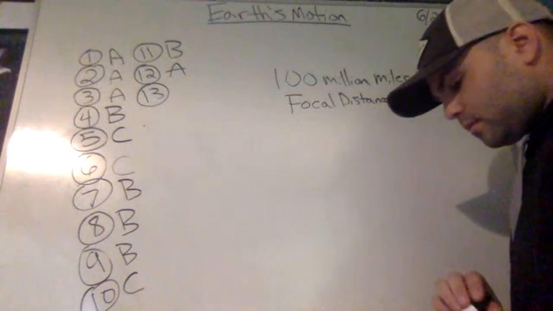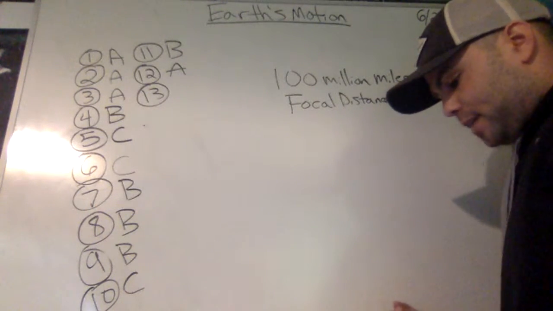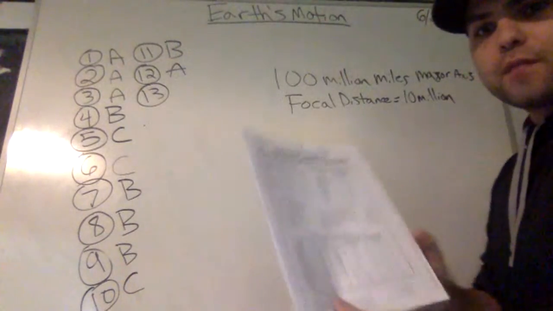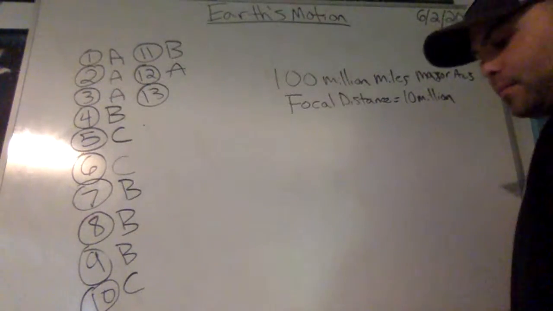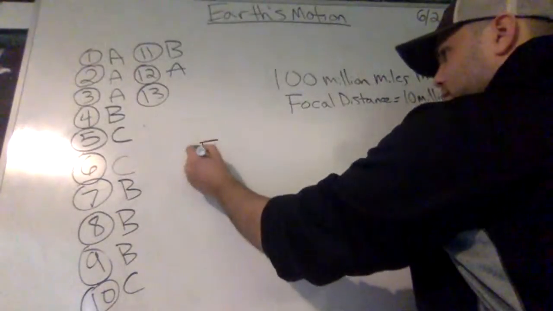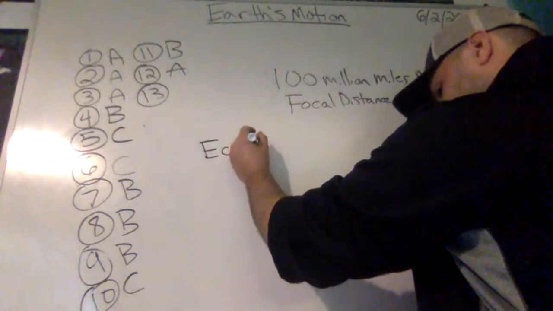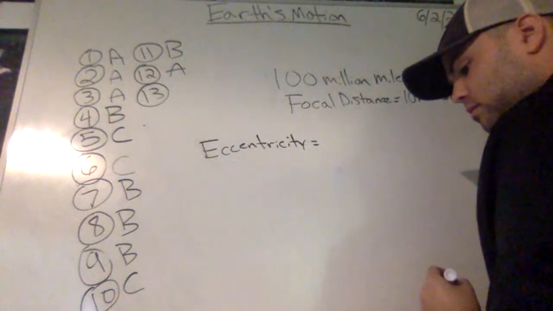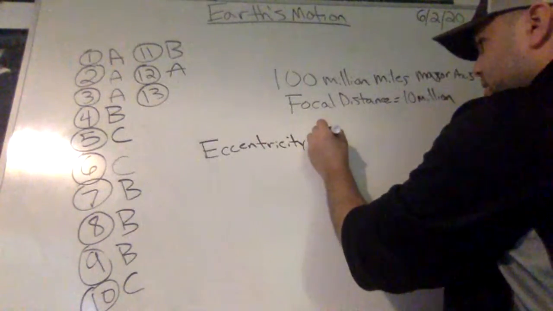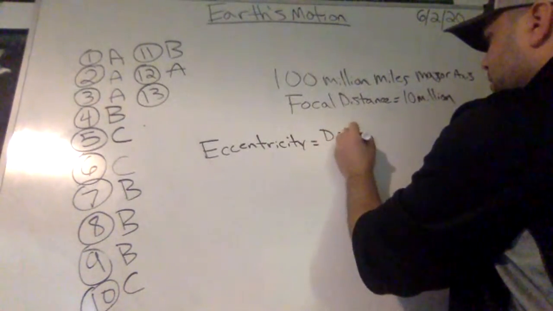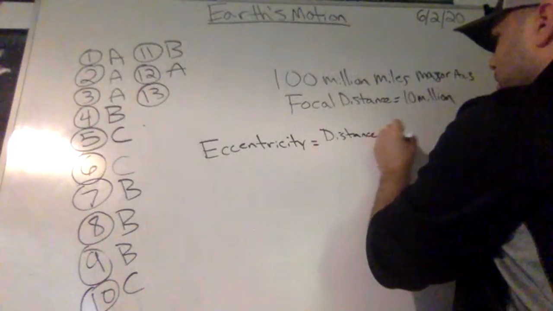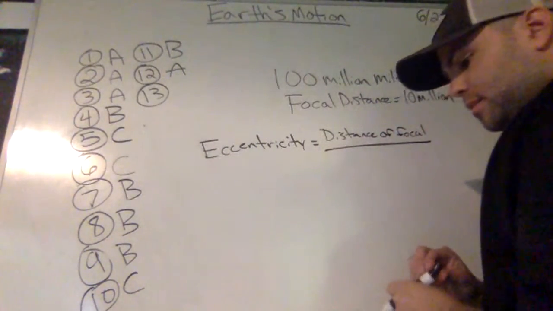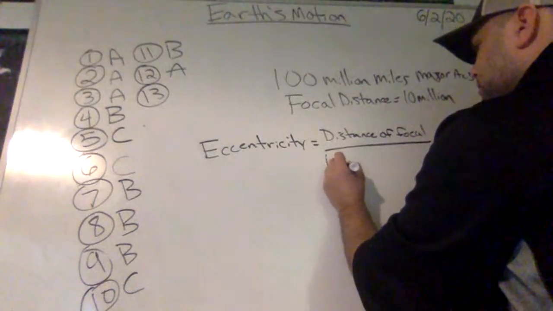Okay? So what we have to do is find out what the eccentricity is. So the eccentricity, if you go to your reference table, on the front, it says eccentricity equals the distance of the focal divided by the length of the major axis.